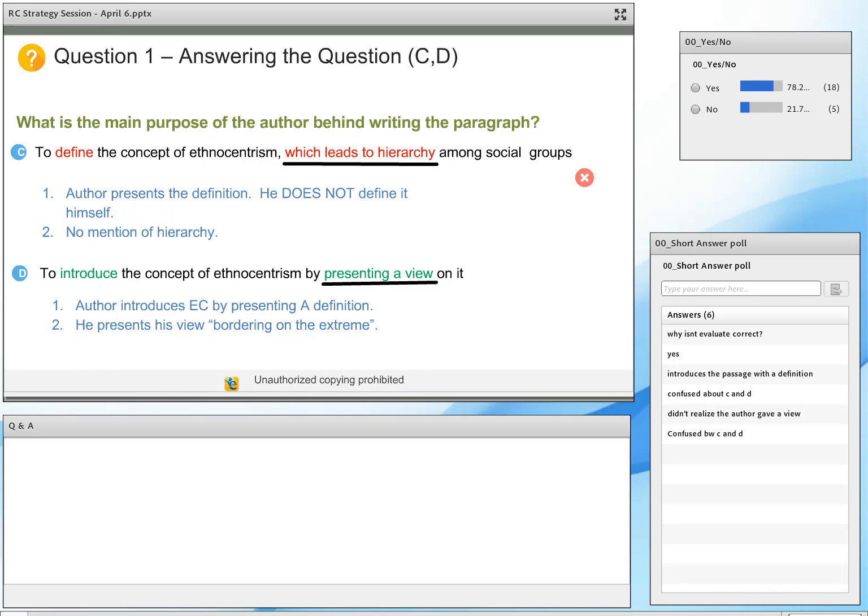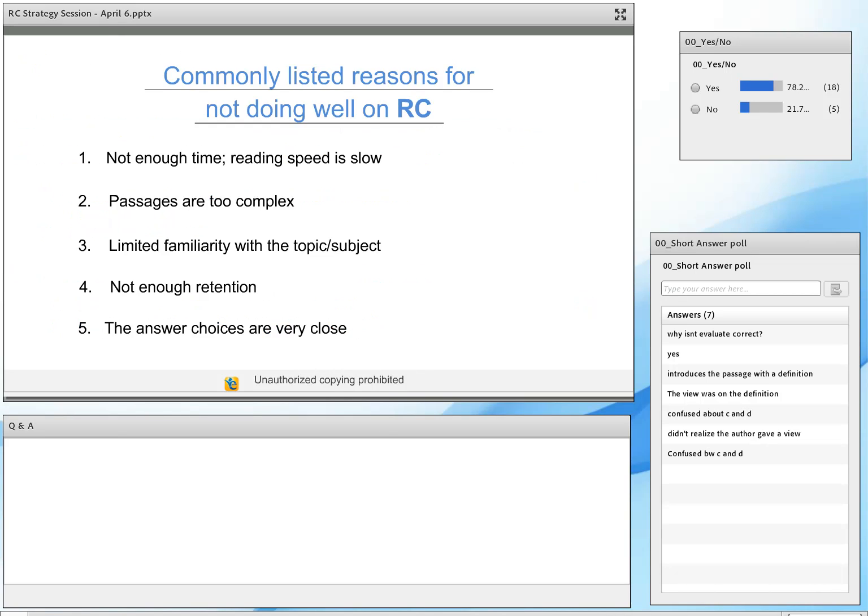Okay, so do you see how it all comes together? If you comprehend the passage really well, you will not fall into the traps that the answer choice creator puts in for you, because you have that strong understanding of the passage. So comprehension is everything.